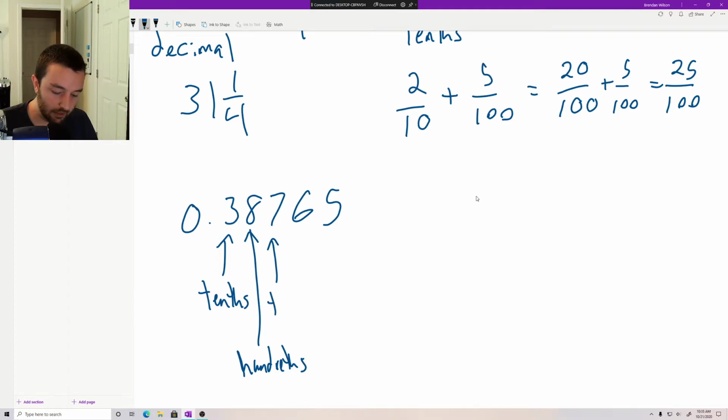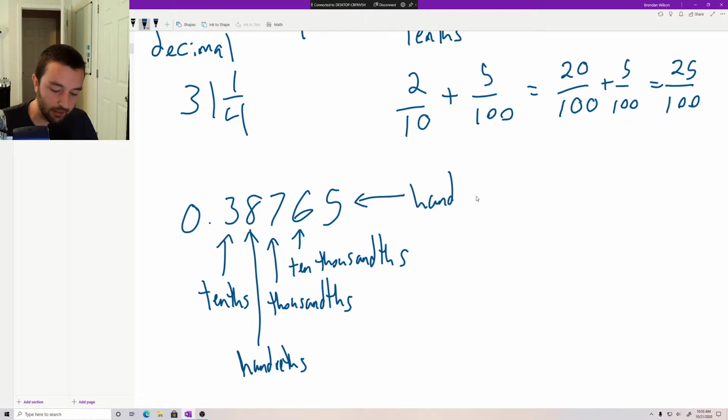This one is the thousandths place. This one is the 10,000ths place. And the last one here is the 100,000ths place.